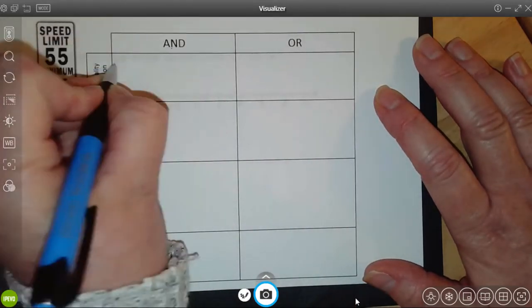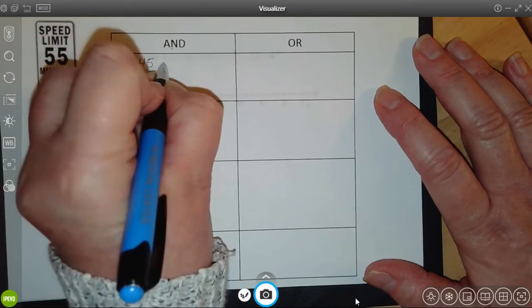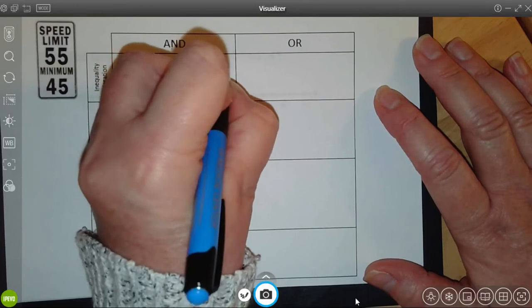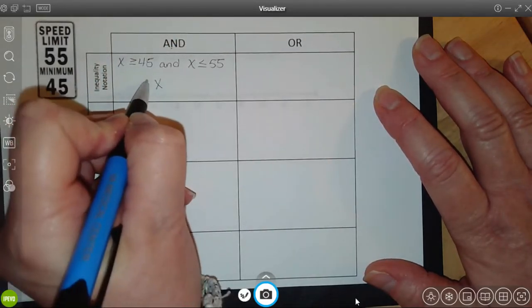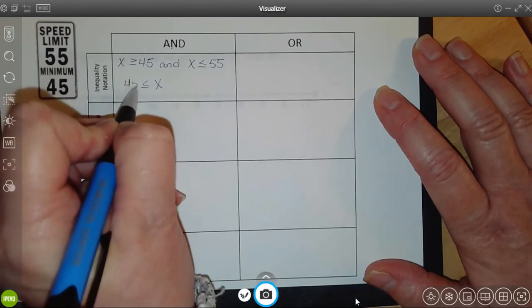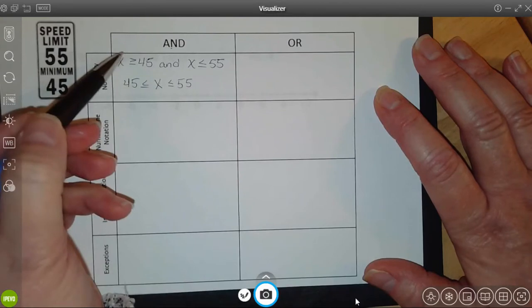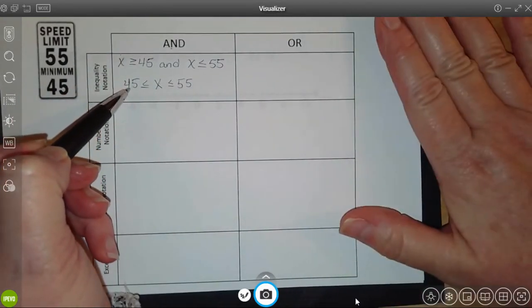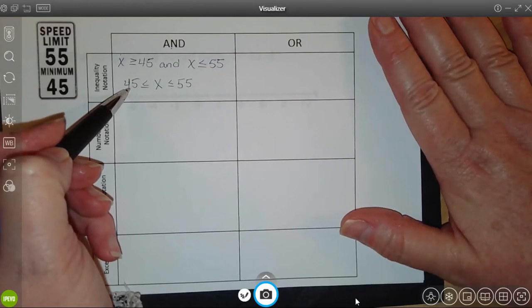So for an and situation, you can write the word and in the middle, like we did. And you can also put your X between the least and the greatest numbers. These are both ways that you will see and given to you as we go through these compound inequalities, which means more than one.